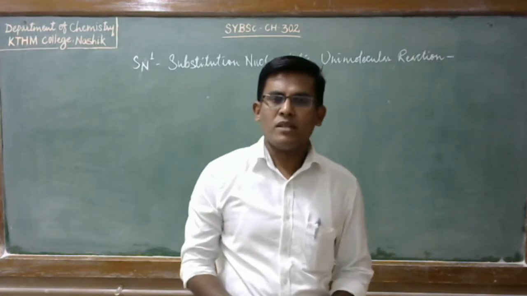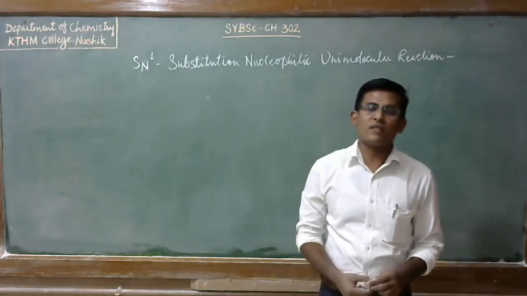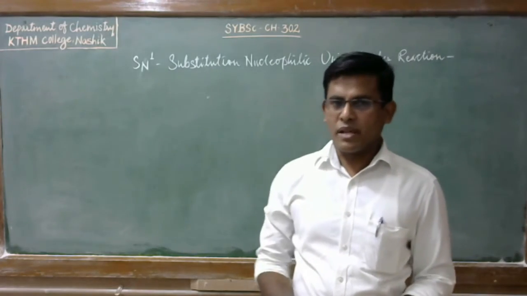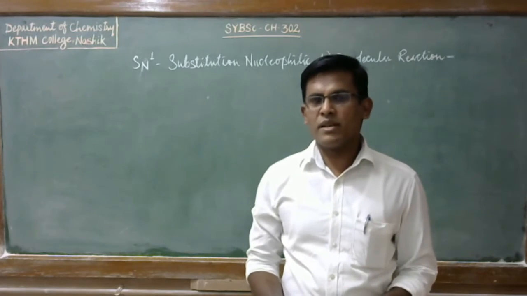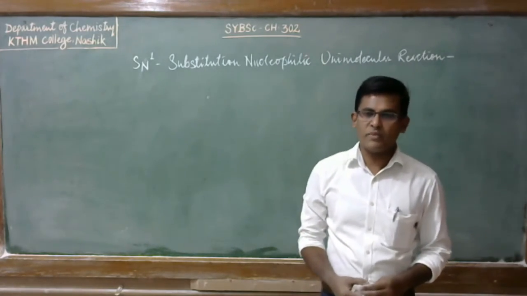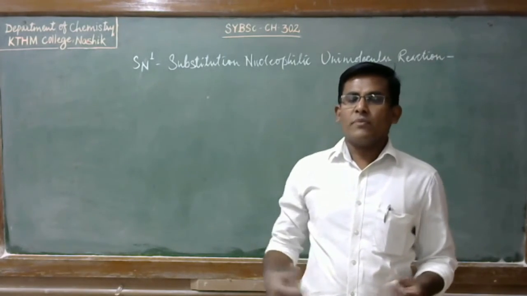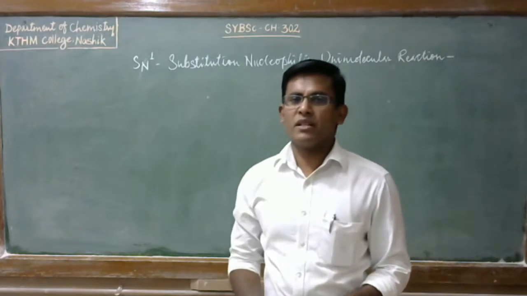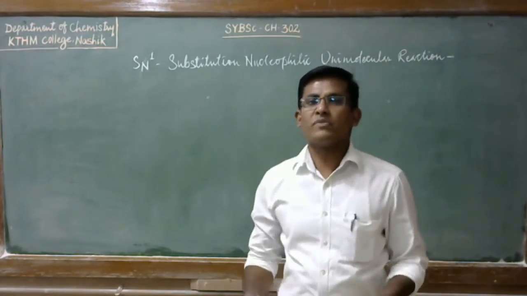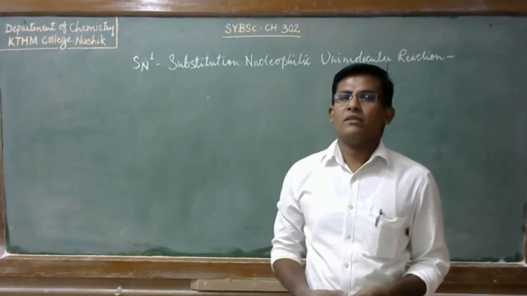So the rate determining step is unimolecular for this particular SN1 reaction, and the rate determining step is a slow step. In the first step, there is a formation of carbocation. That means the stability of carbocation. If the substrate generates the stable carbocation, then the rate of the SN1 reaction will also be more.